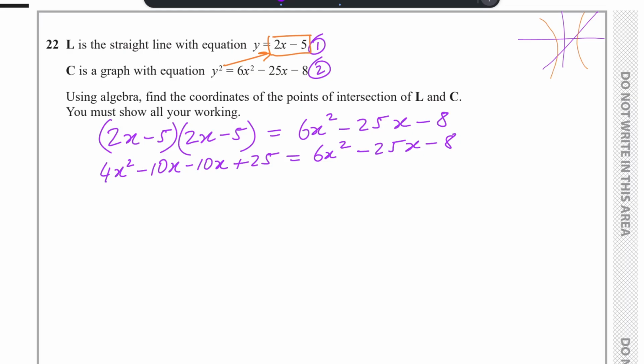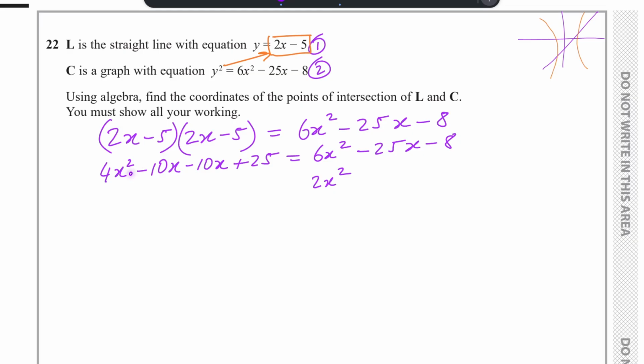Now I want to move everything over to the right hand side. So I'm now going to take away 4x squared, add 20x in one go to get rid of that, and then take away 25 from both sides. So I'm going to do all of that in one step. 6x squared minus the 4x squared here will give you 2x squared.